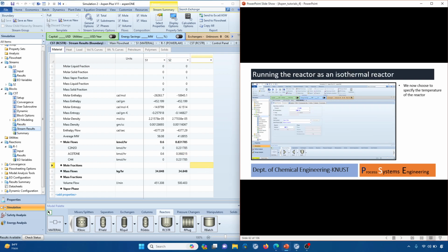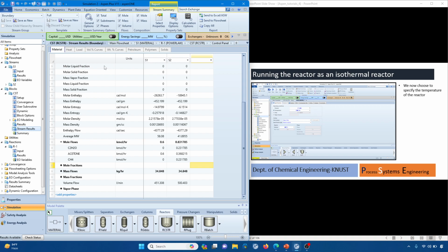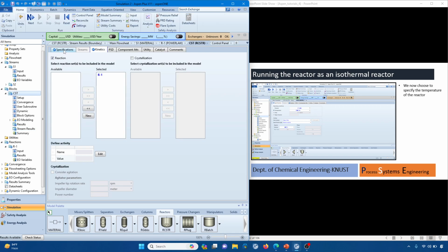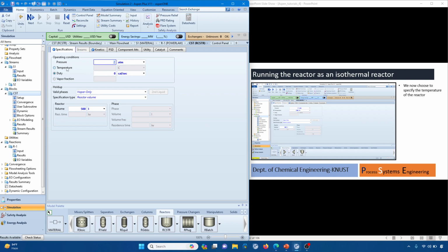And the next thing will be to solve the problem in the other way by specifying the exit temperature. We want to maintain the temperature at the inlet, 1100 Kelvin. We can run the simulation.